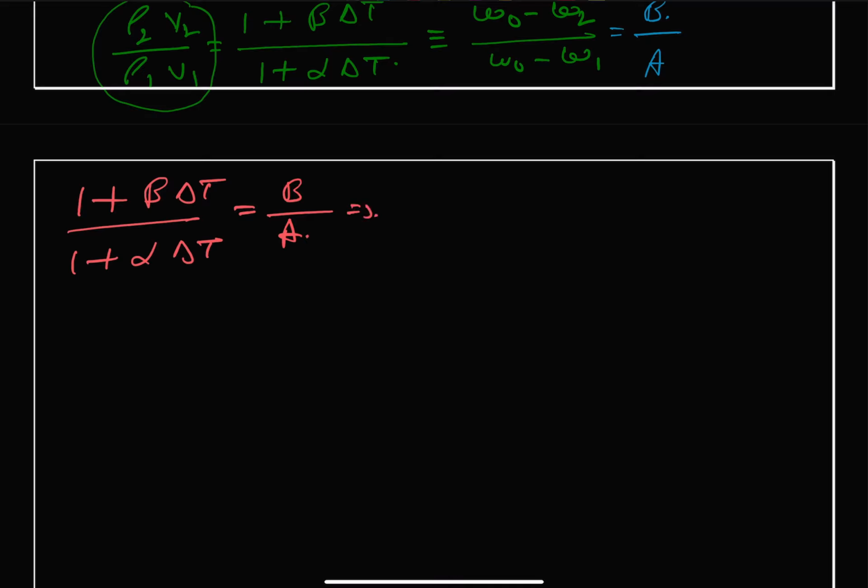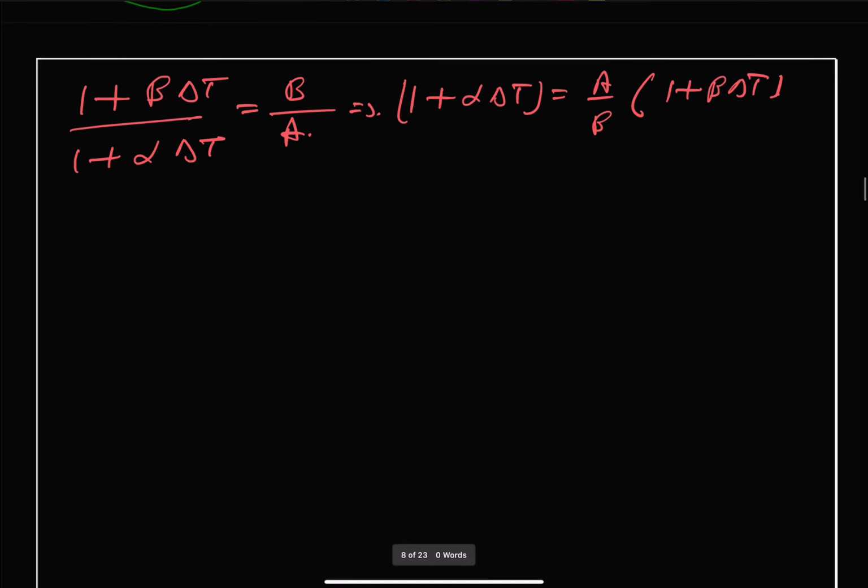This gives us that 1 plus alpha delta T will be equal to A upon B times (1 plus beta delta T).